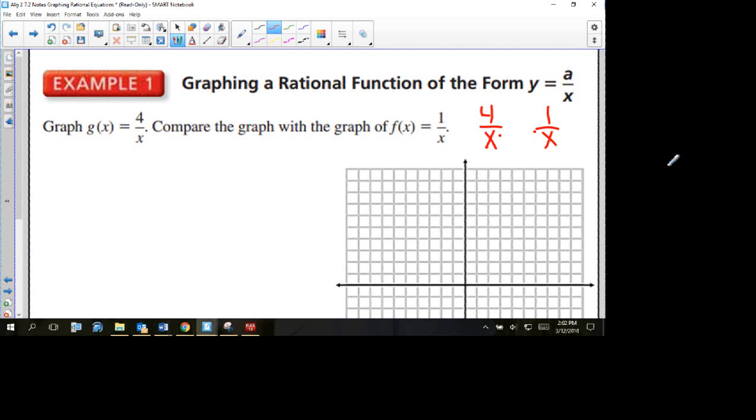Just going nuts today. If I have 4 over x or I have 1 over x, this one is how many times the value of this one? 4 times. If I take 1 over x and I multiply it by 4, then I get 4 over x. So if you're multiplying the entire function by a number, what kind of transformation is that?